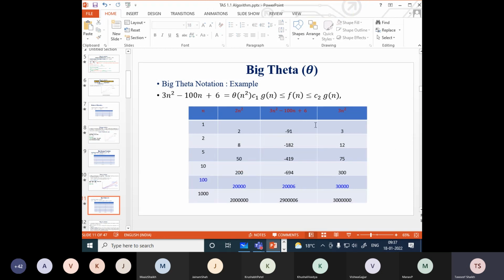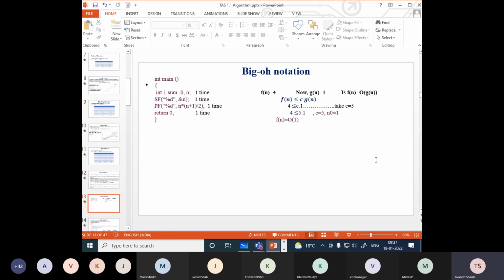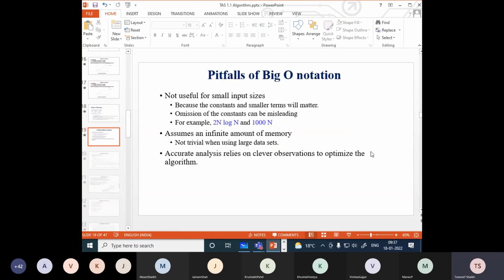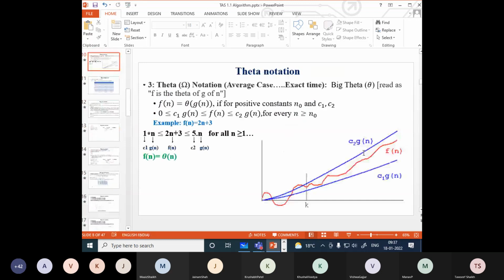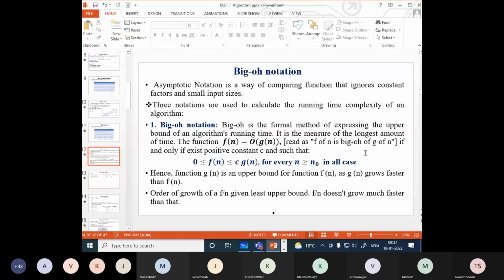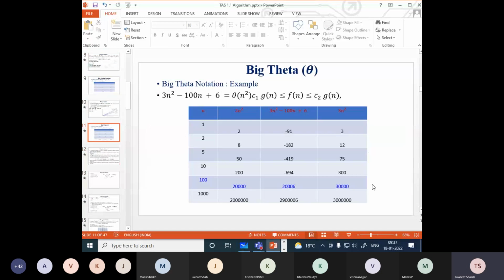At that time, my omega of n, that is 2n square, will become 20,000, 3n square minus 100n plus 6 will become 20,006, and C2 into Gn will become 30,000.